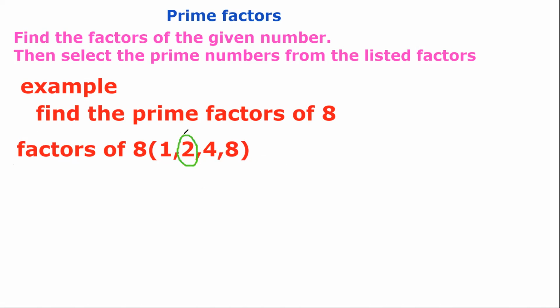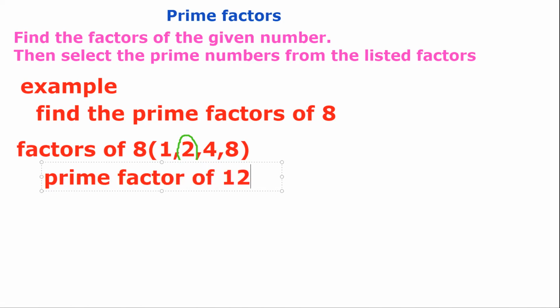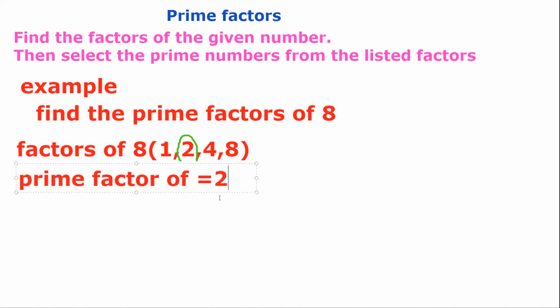Okay, so now you know, 2 is a number with only 2 factors. 1 is not a prime number, so therefore the prime factor of 8 here is 2. Okay, is 2.